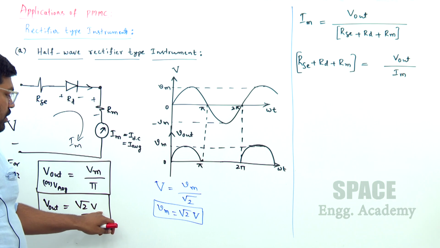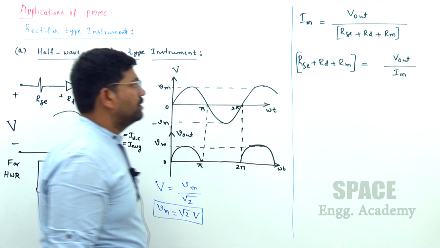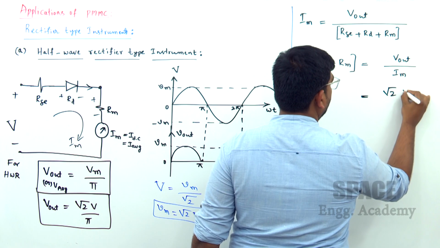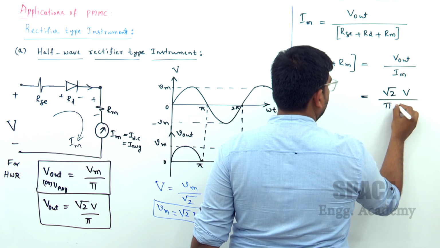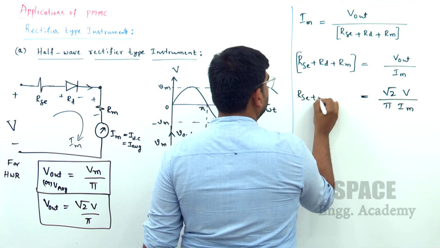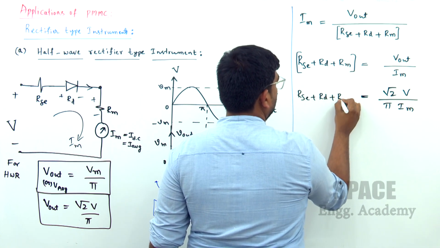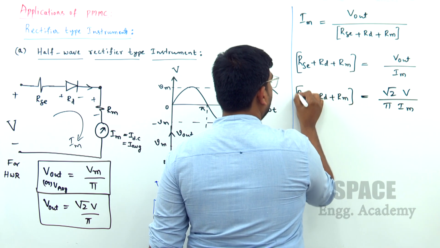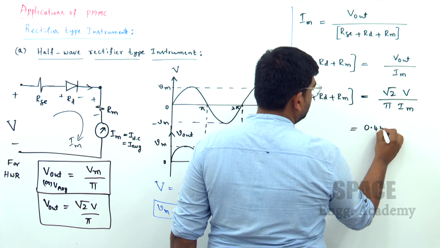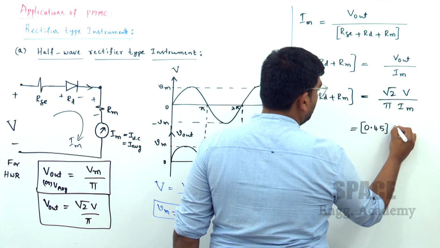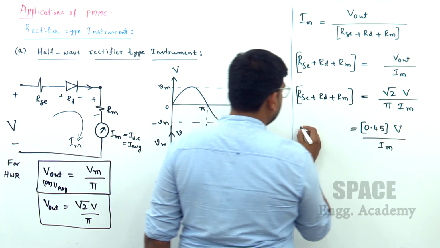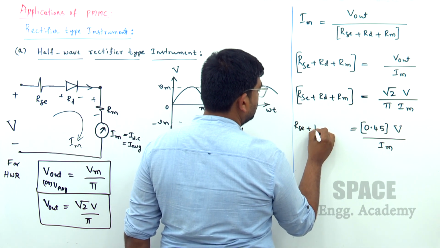I can replace it with root 2 V by pi, where V is the RMS there. So root 2 V by pi into Im. If you further simplify this, root 2 by pi we can replace with 0.45. So 0.45 into RMS voltage by Im. This is our total resistance.